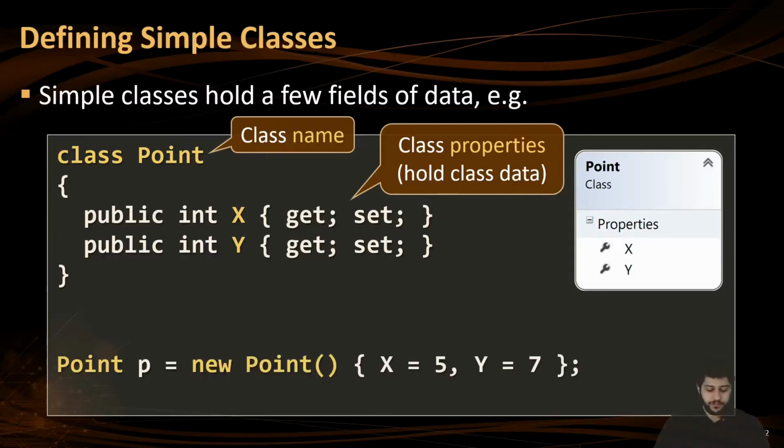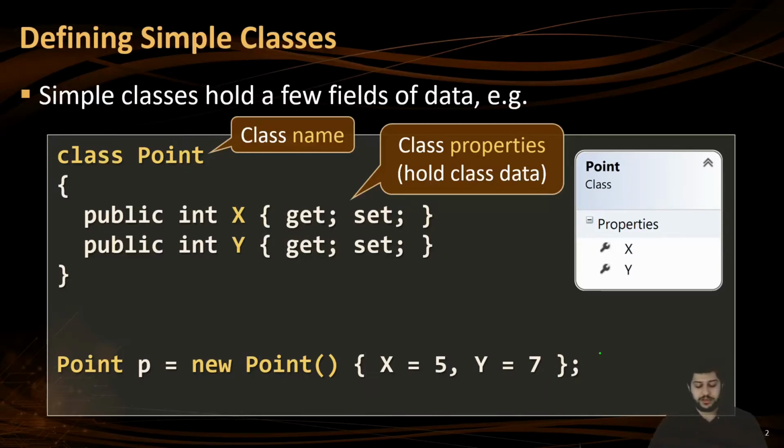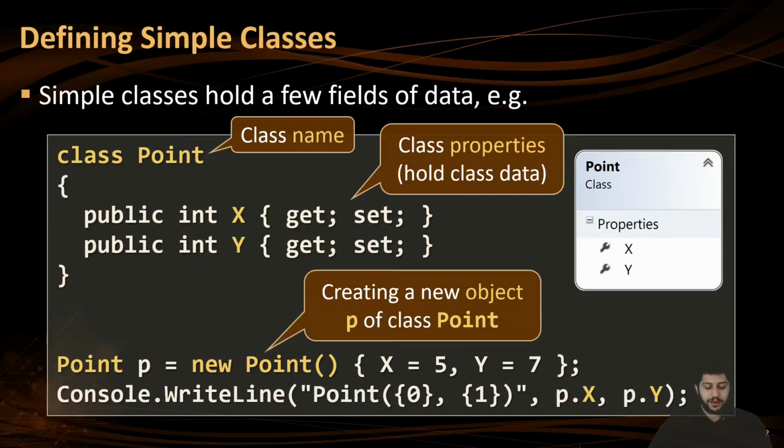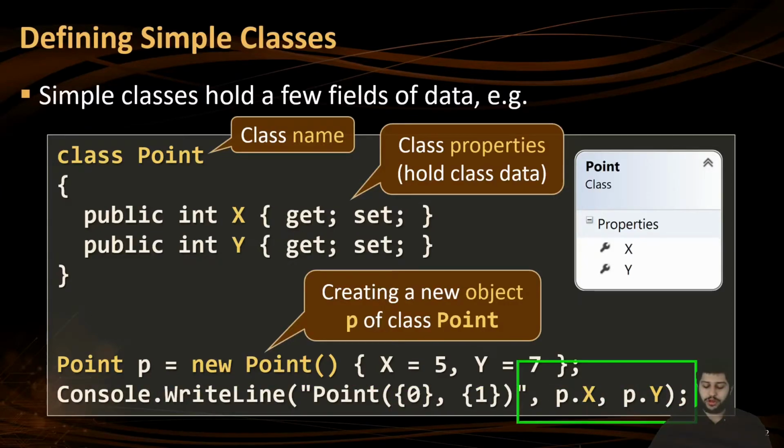itself. And now we can create a concrete point using the new keyword, the name of the class, the parentheses here, and we can define the data inside the class using the properties. Finally, we can write on the console the actual point by calling the properties.